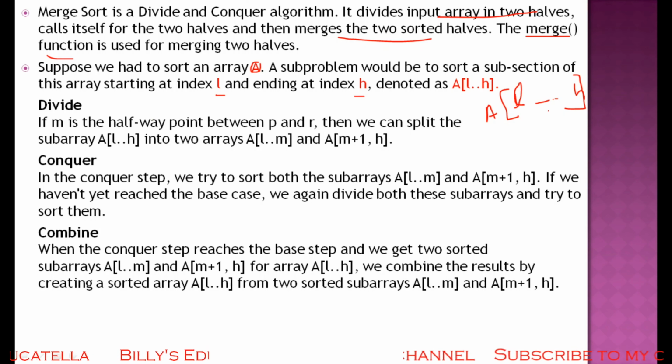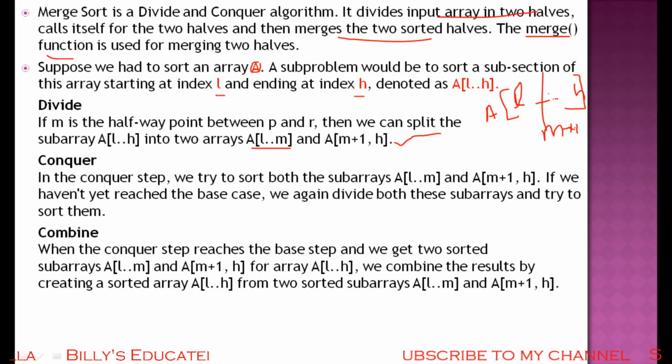So how is this array sorted? First, divide this array into two halves by using M as a midpoint. So the left half means L to M and the right half means M plus 1 to H. First, dividing the given array into halves.